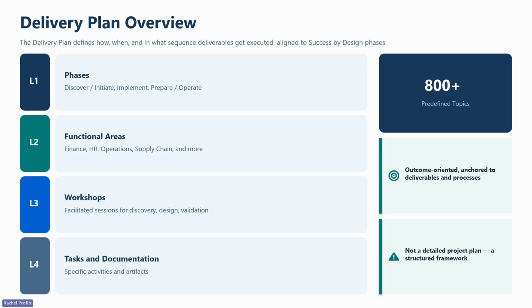But there are over 800 predefined topics that are all outcome oriented and all anchored to deliverables and processes in the catalog. Remember, this is not a detailed project plan. It's a structured framework that you can map to your methodology and create a detailed project plan from.